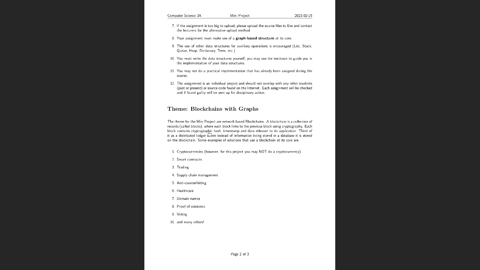I'm going to be uploading the graph lecture notes as well, so you can read up on what a graph is and look at the blockchain resources. I'm also going to be doing a video describing a more concrete example that you can use.